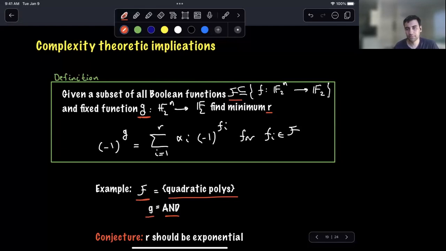There is a conjecture called the quadratic uncertainty principle saying that the minimum number r for this particular example should be on the order of 2 to the alpha n, for some constant alpha. But the best lower bound that people could prove is n/2. Again, there is a huge gap between what we believe is true and what we can prove.